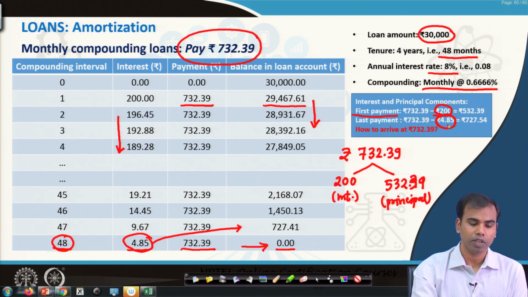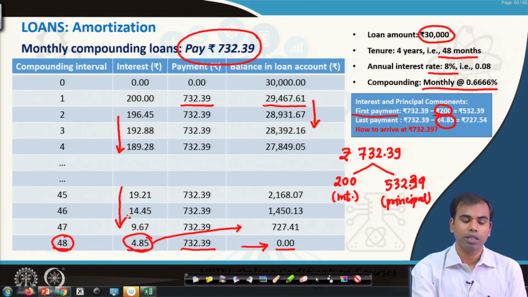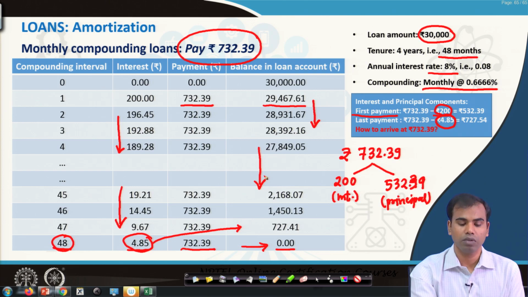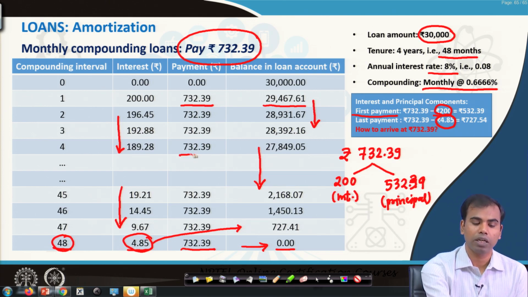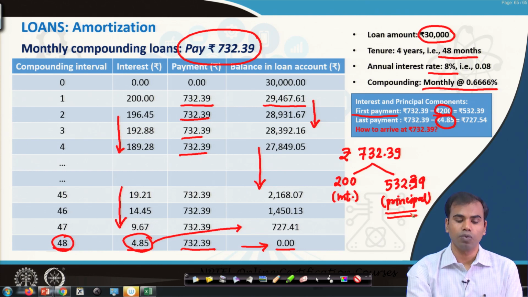So, we have seen that over the period the interest component has gone down as a result of the principal amount going down, because more of the money paid every month has gone towards the principal amount due.